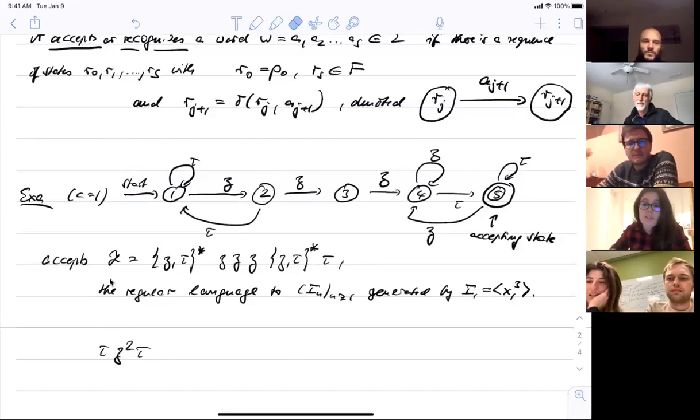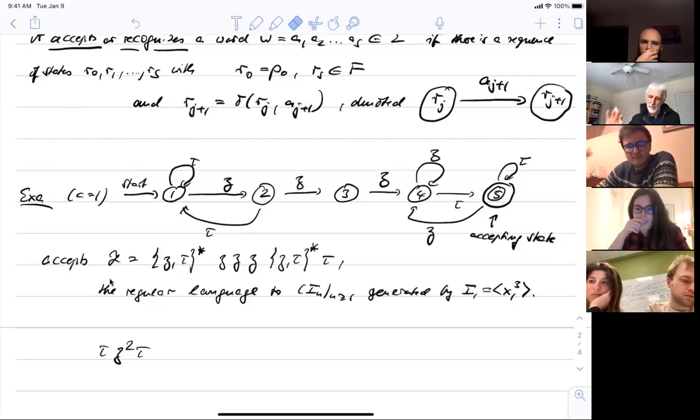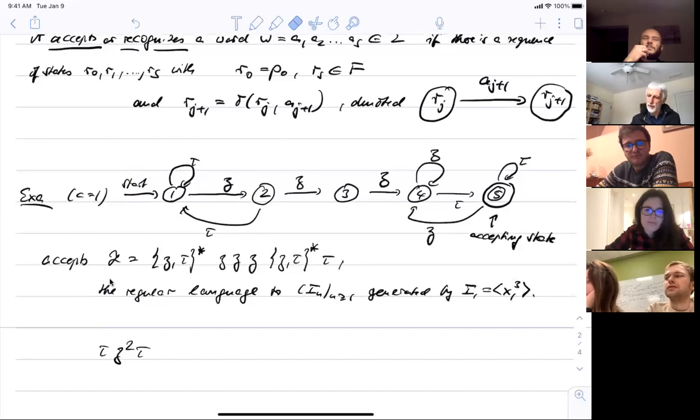Or you can use a non-deterministic automaton with fewer states, which I prefer. There is still the empty word, or I could use this. I didn't want to use it, but probably I should have here at least. That would save me.